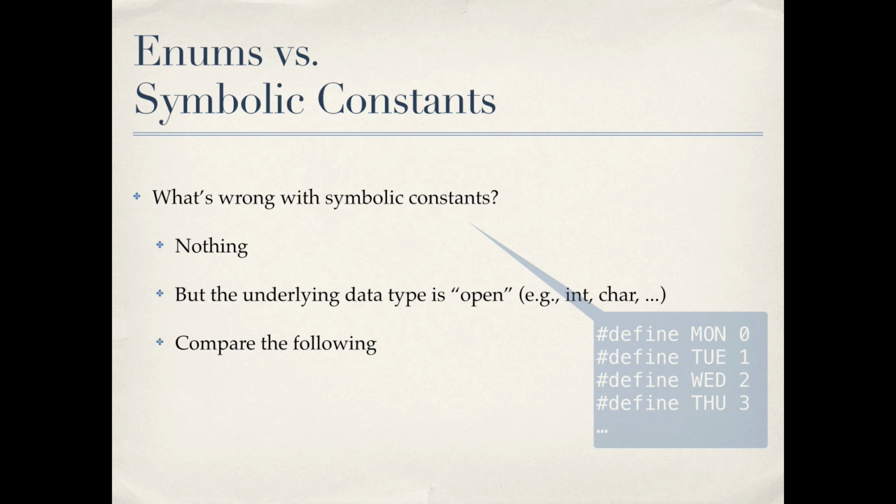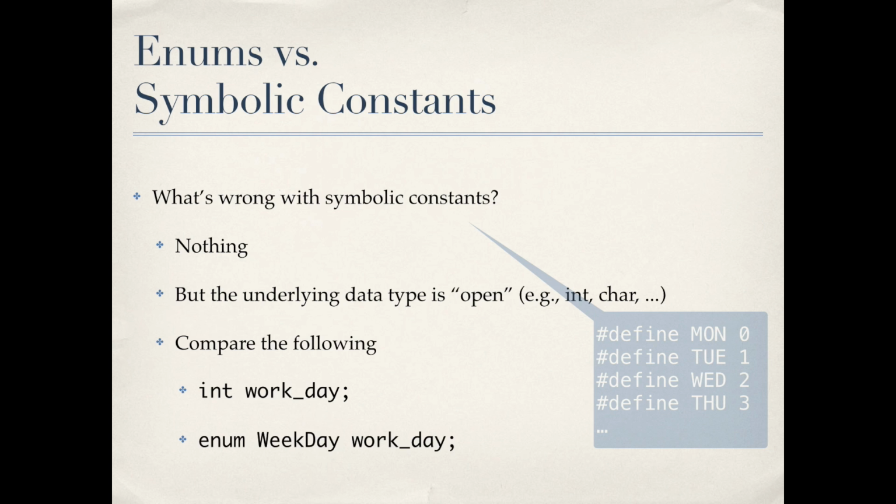So compare the two following lines of code. First, we use int workday. This would be the line of code if we define symbolic constants, and then we could write down workday equals Monday, so the label Monday is assigned to workday.